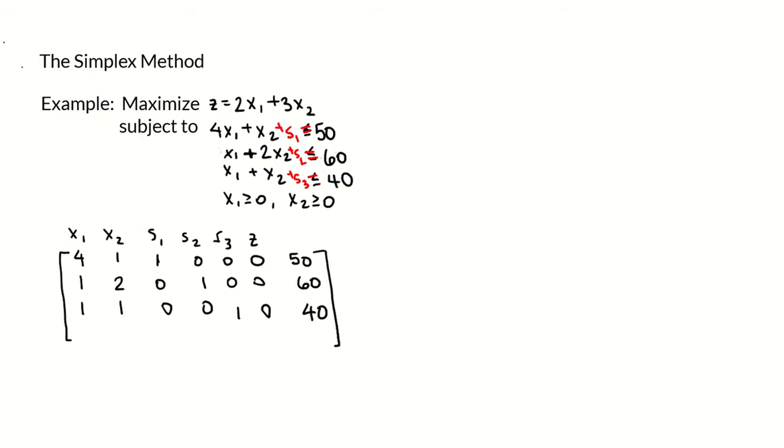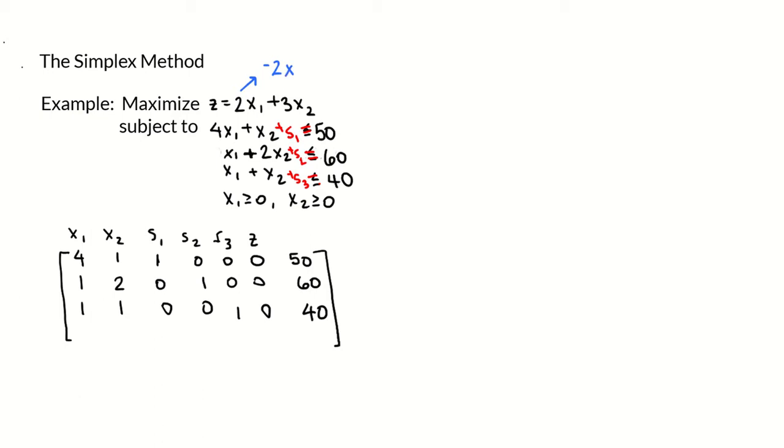So this is the coefficients taken from each of those constraint equations, but we do need to add our last row, which is the indicators. The way that we do that is we take the function and we set it equal to 0, so we move x1 and x2 to the left side.